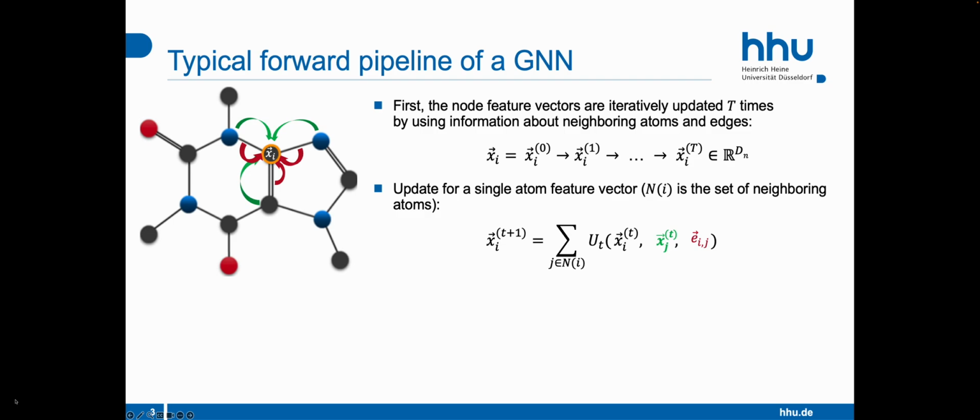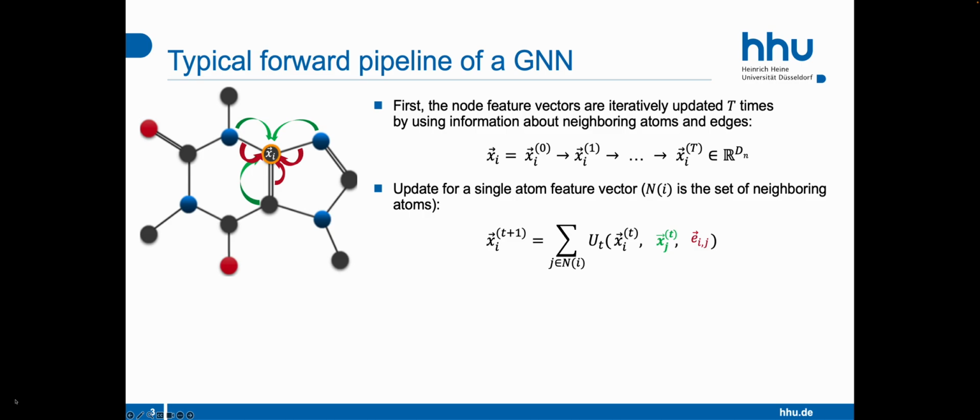After those t update steps, we have updated atom feature vectors that now not only contain information about themselves, but also about their environment. And this is not only restricted to the direct environment. If we imagine that we update x_i for the first time, we only get information about the immediate environment. But since we also update the neighboring atoms in the same way, those atom feature vectors contain after those updates also information about their immediate environment.